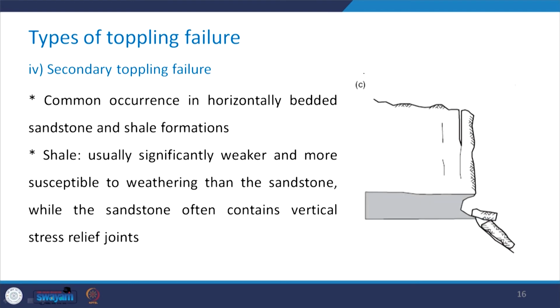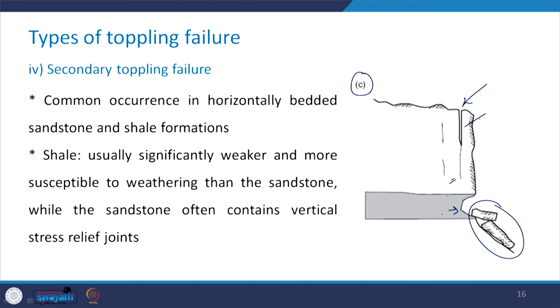Part C, which I explained, is when the weaker material which is underlying the stronger material gets weathered, then there occurs the toppling in the upper portion. This is the common occurrence in horizontally bedded sandstone and shale formations.